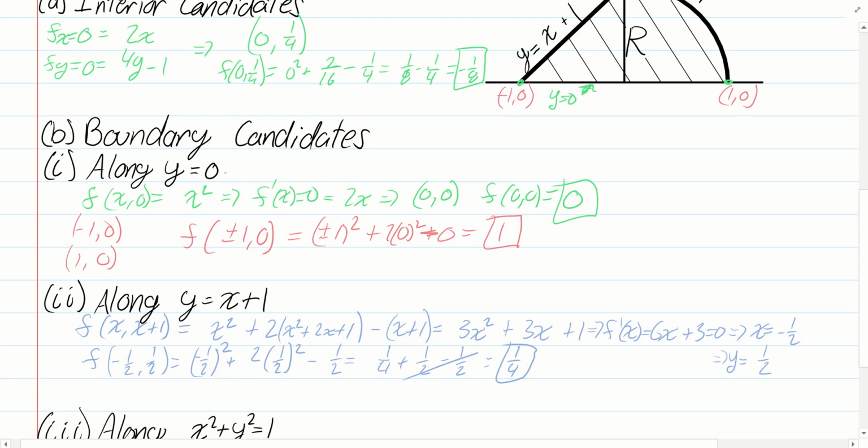And then our extra point f of 0, 1, which then just equals 0 squared plus 2 times 1 squared minus 1, which then equals 1.